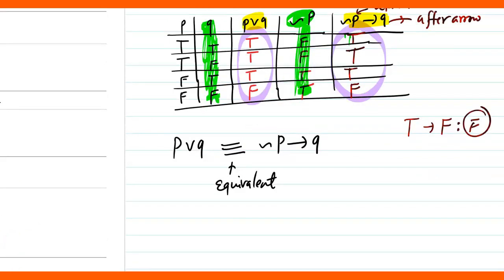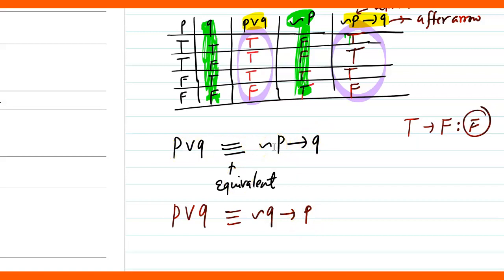Also I want to mention that this is also true: P or Q is equivalent to not Q right arrow P. The idea here is, if you want to write an equivalent statement for a disjunction, what you have to do is negate one of the statements, put that before the arrow, and write the other statement without negating after the arrow.